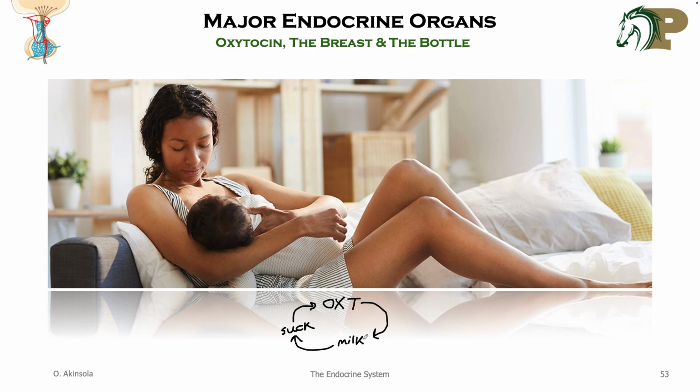If you are breastfeeding and then you decide to bottle feed, you are essentially knocking out this cycle, or maybe not knocking it out, but at the very least, you're going to be interrupting it. And if this cycle is interrupted, it's going to make it less efficient and less effective.